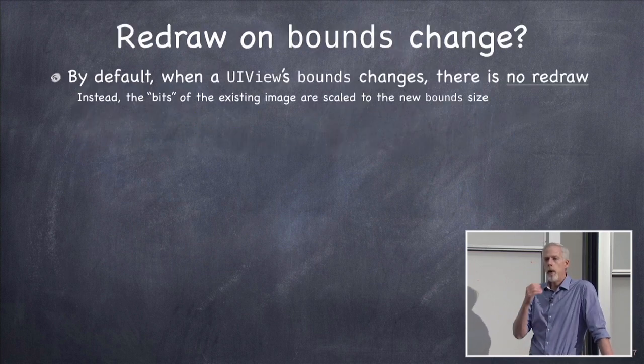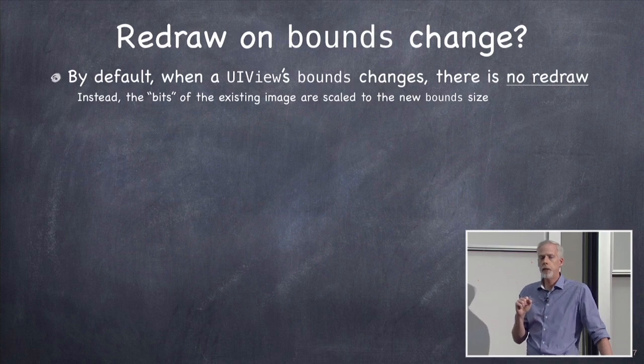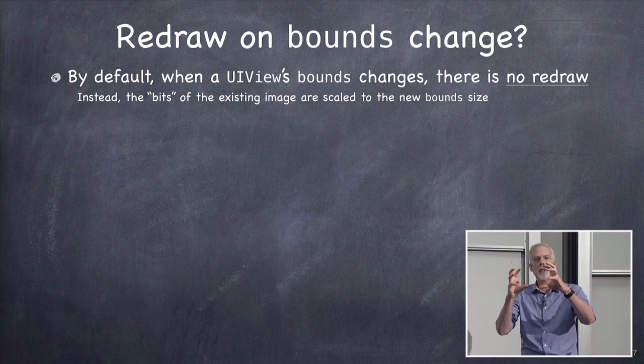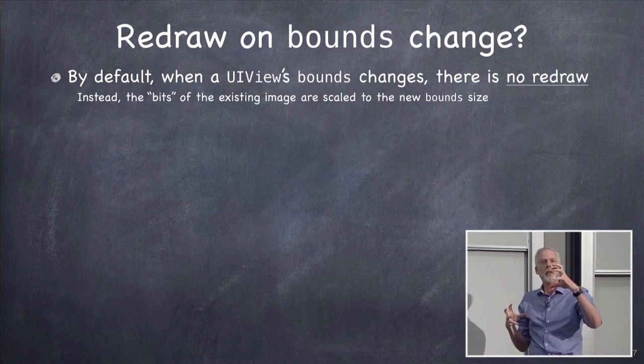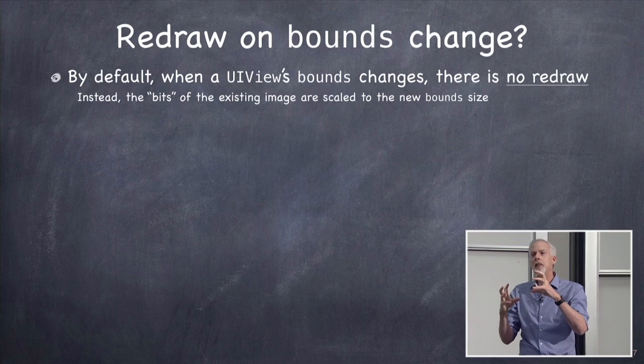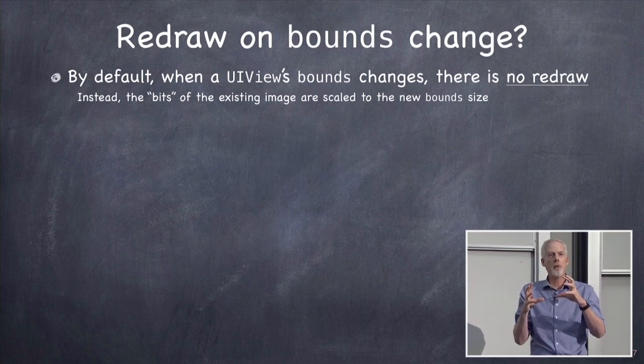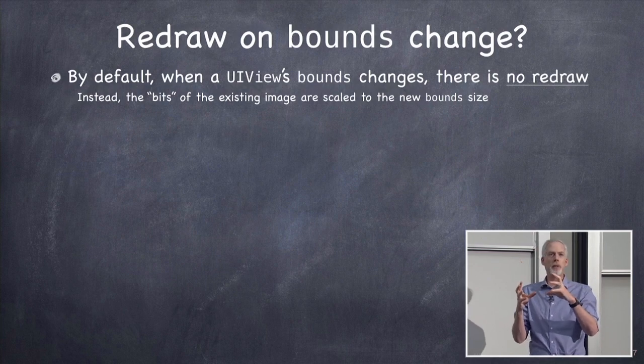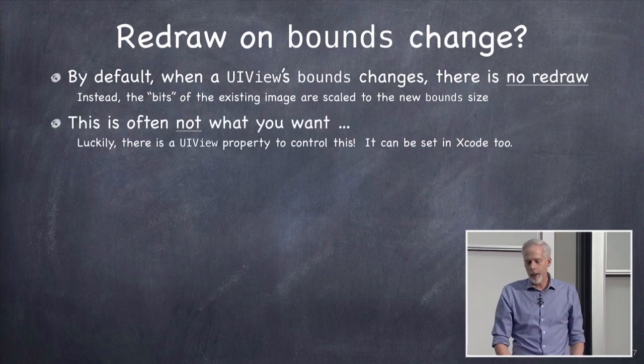All right, one thing to be careful of with UIView. When a UIView changes size, you do not get asked to redraw by default. What it does, believe it or not, is take what you've drawn, grab the pixels, and stretch them to fit the new bounds. Now this is often not what you want. Often what you want is: my bounds changed, ask me to redraw again in my new bounds. So how is this controlled?